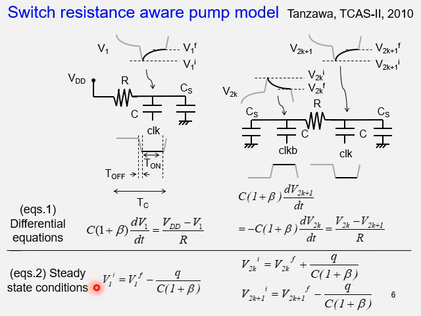And therefore, for those, the steady state condition should be expressed by this, where small q indicates the charge transferred from the input VDD to the first capacitor during a half clock cycle.